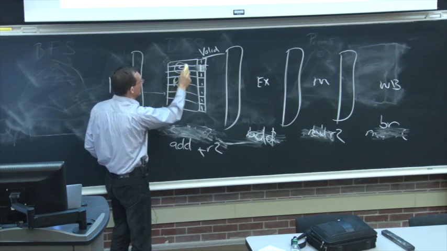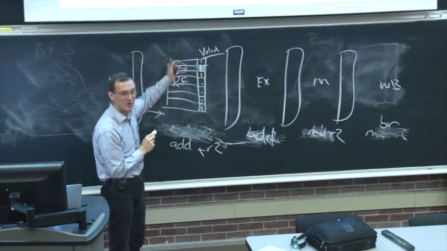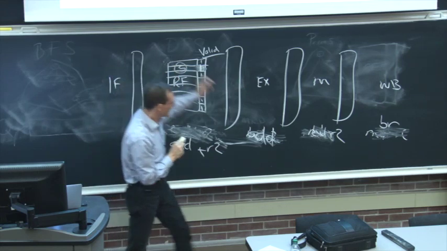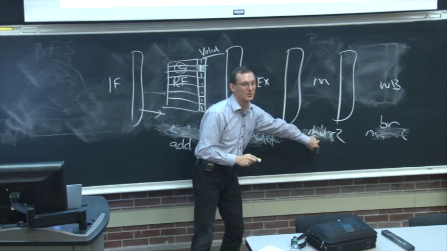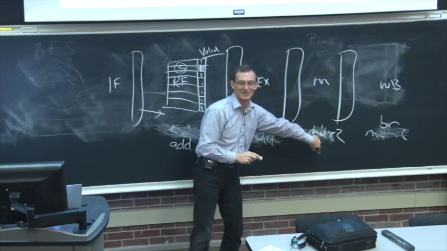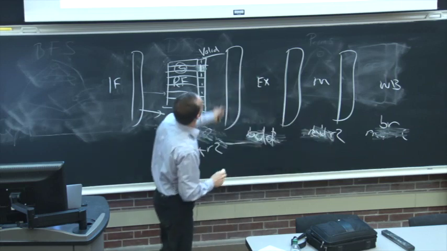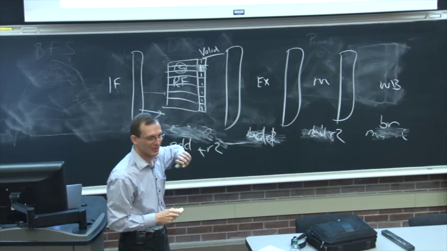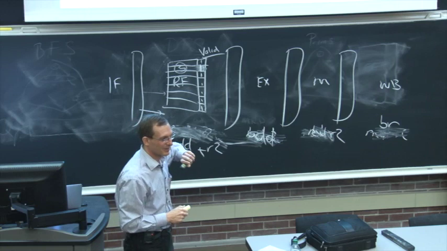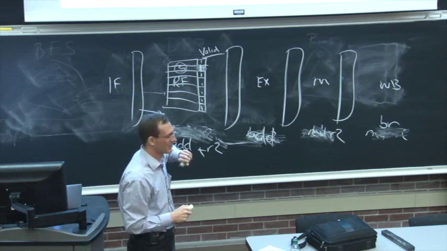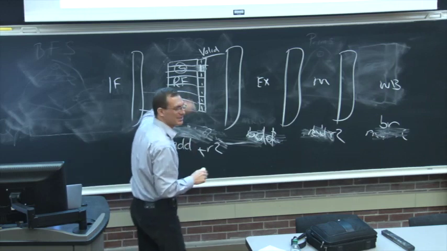So it gets the value 5, which is the wrong value, because it should get the value that's going to be produced by this multiply, right? So the simple scoreboard design as I described doesn't work. So how do you make it work? So this is clear, right?